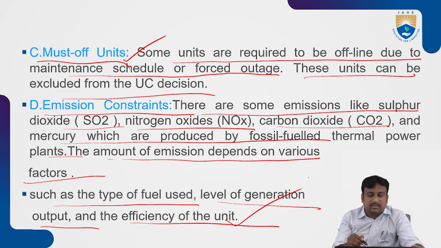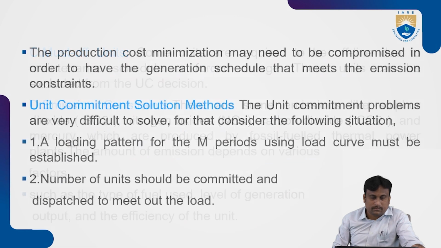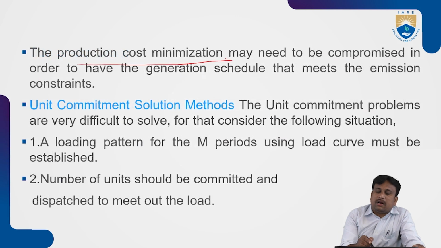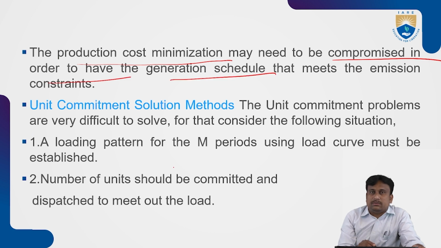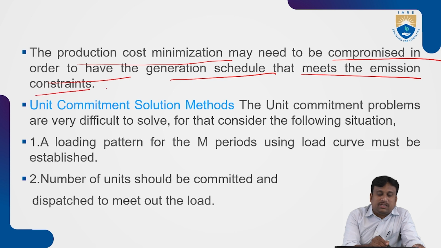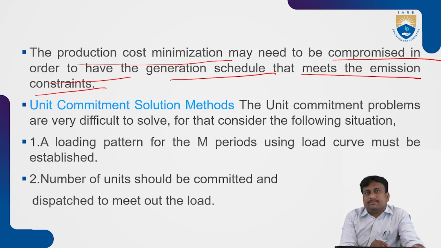Based on these, the emission constraints are considered. Here the production cost should be minimized while compromising to have generation schedules that will meet the emission constraints.